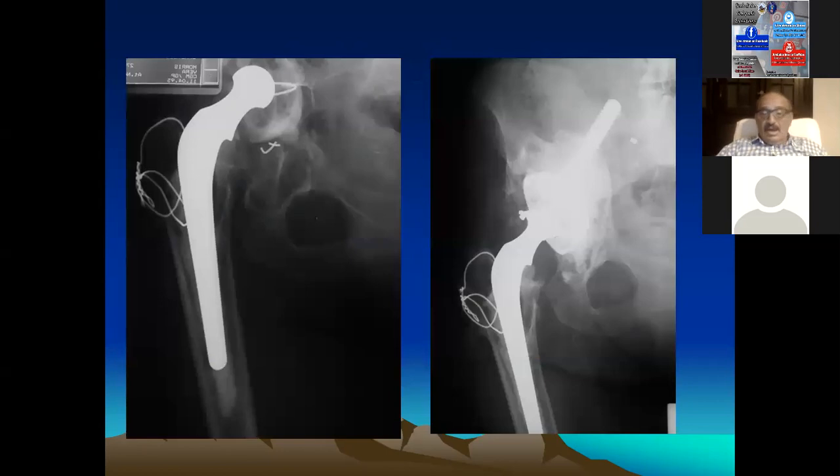We use this construct, which is a cup connected to the iliopubic bar by a stem, and the graft is put here. So you try to stay away from this weak area and fix into a strong area, the iliopubic bar. It is actually a very good method, but it is technically demanding, and inserting this nail is not that easy and not without risks.